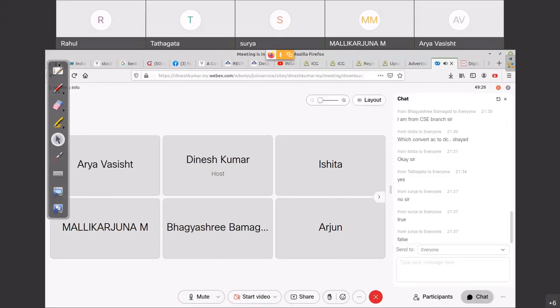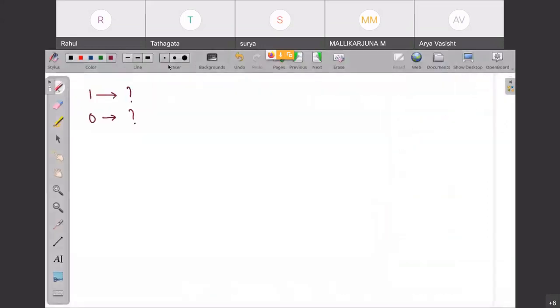Most of you might be thinking, like Surya said, 1 corresponds to true, 0 corresponds to false. So this is in the computer science domain. In the electrical domain, usually this corresponds to high and this corresponds to low. But this is not generally true.